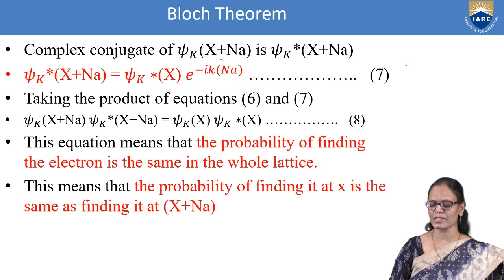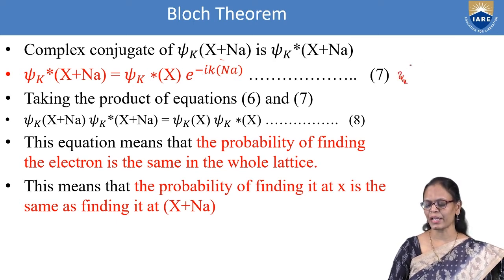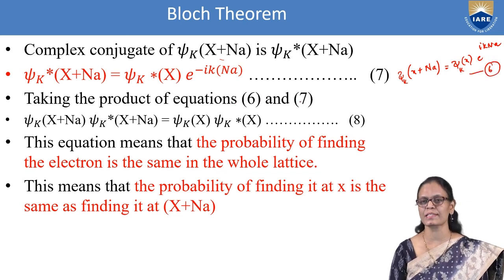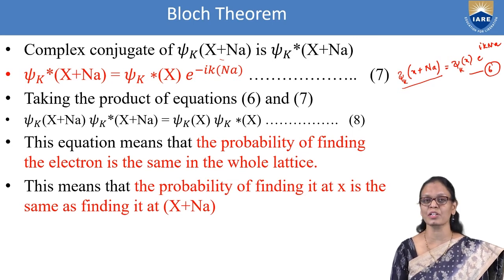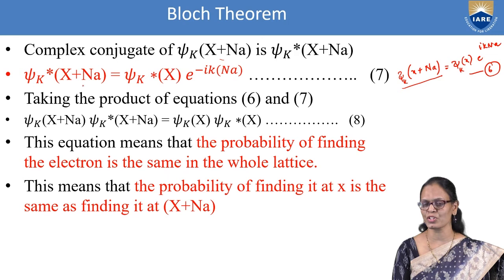So in equation 6, what we had is psi_k(x + Na) equal to psi_k(x) into e^(ikNa). And this is equation 6. Now we are going to take the product of 6 and 7, which means you are going to multiply psi_k(x + Na) into psi_k*(x + Na), that is, we are multiplying this function with its complex conjugate.